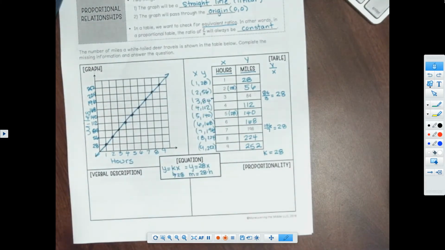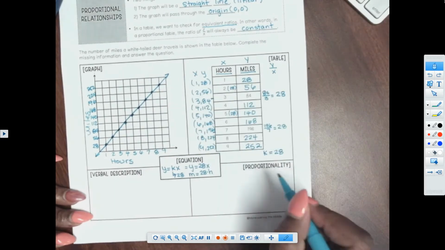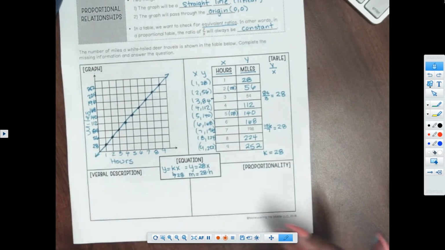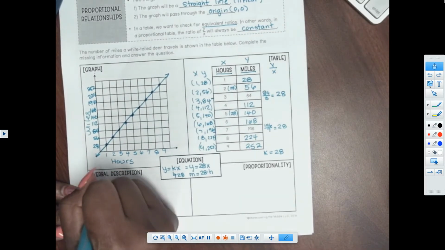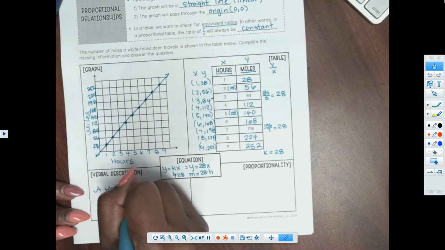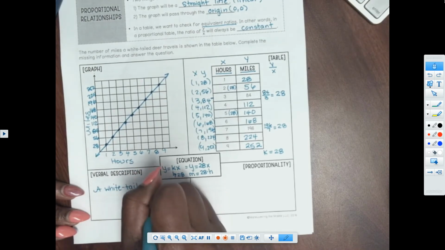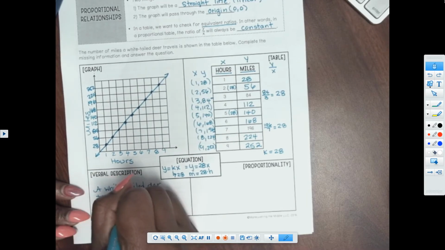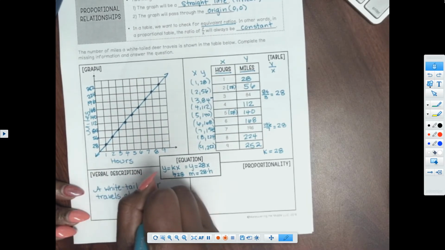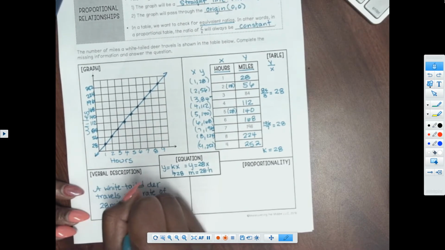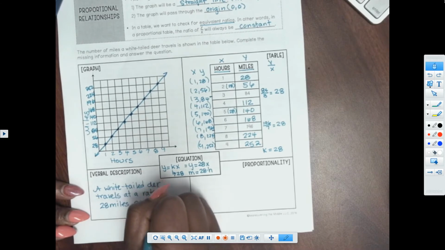But we already knew that it was proportional based off of the table. But this shows that the graph is proportional. So a verbal description of this is that a white-tailed deer travels at a rate of 28 miles per hour.